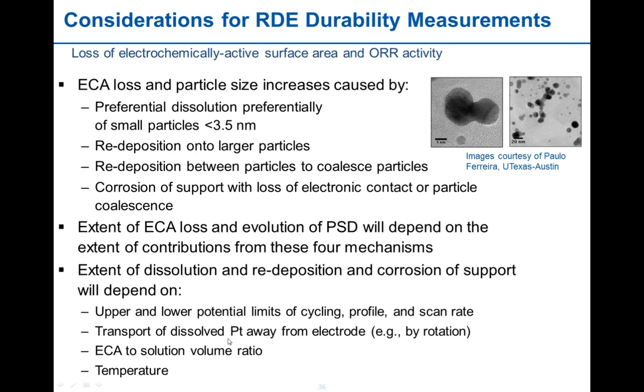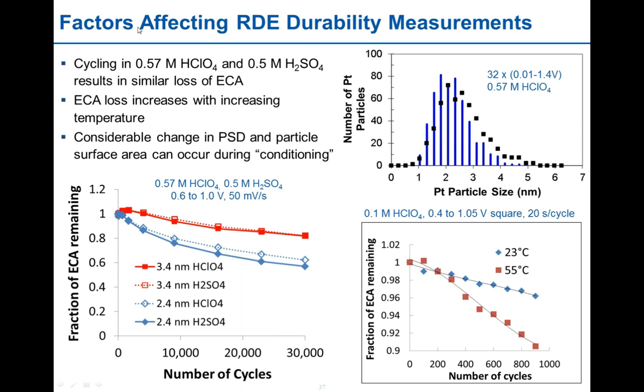It can also depend on, as I'll show in a couple of slides, the transport of dissolved platinum away from the electrode. So for example, if you're rotating or not rotating the electrode, if that platinum is transported quickly away from the electrode, then it's not available for redeposition for that ECA loss mechanism. It also depends on the ECA to solution volume ratio and on temperature that I'll show in a moment. Okay, next slide.